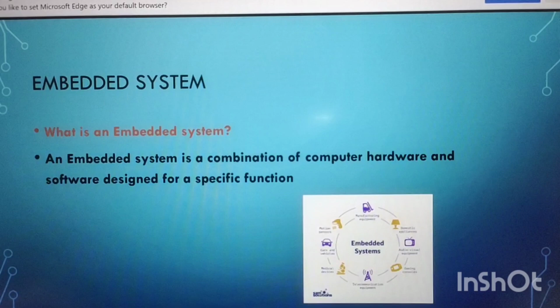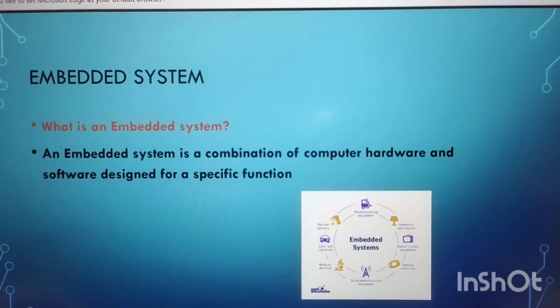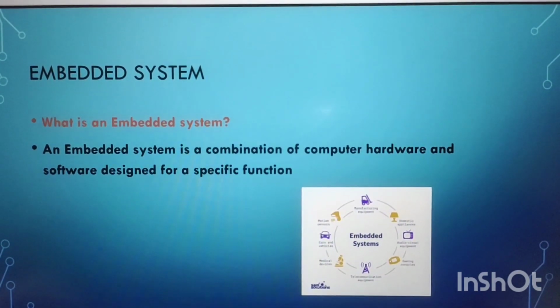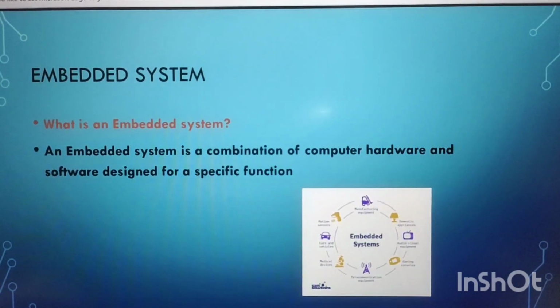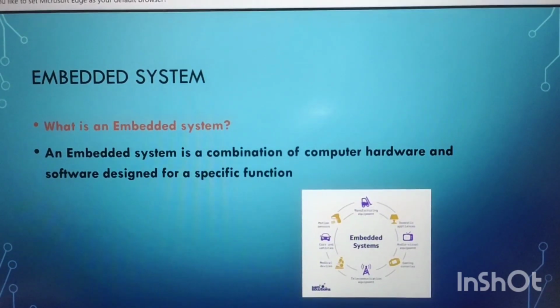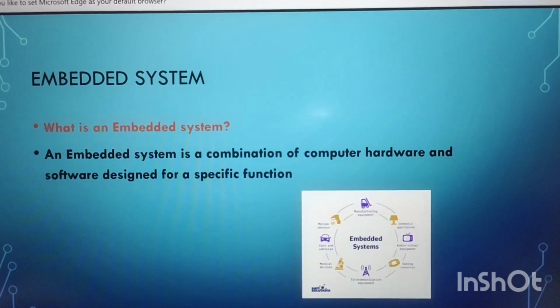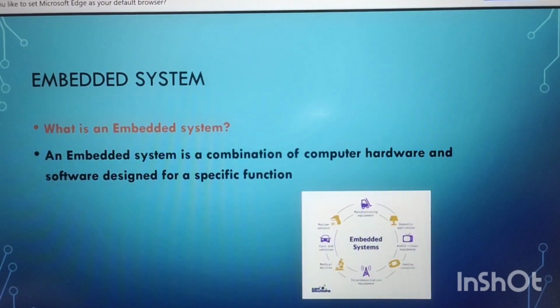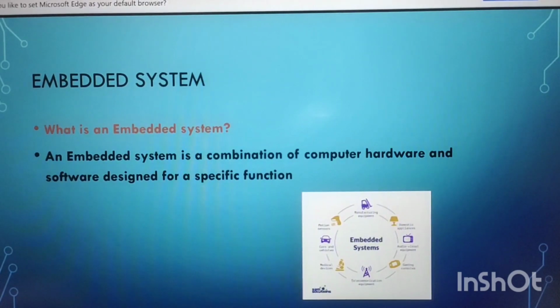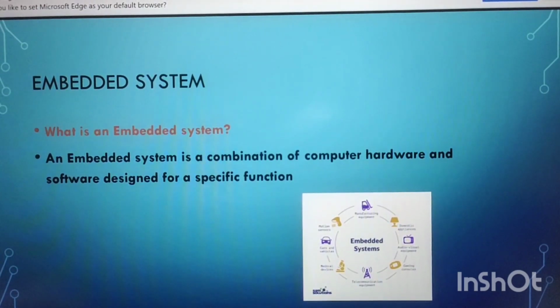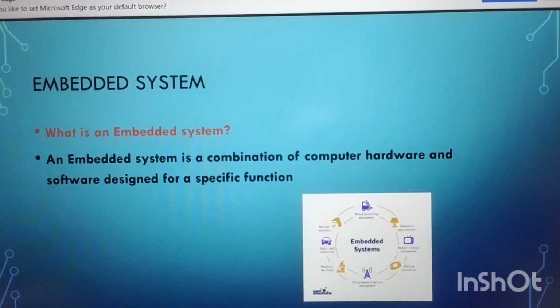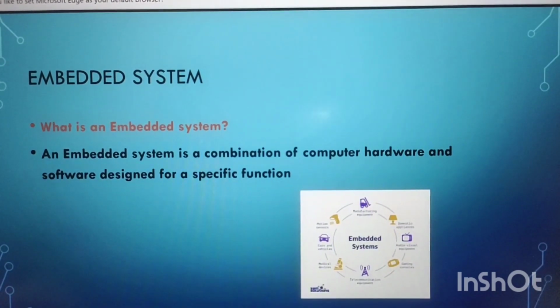In that we can see the embedded system. An embedded system is known as a combination of hardware and software. Any system that does a specific function and contains computer hardware and software design is an embedded system.